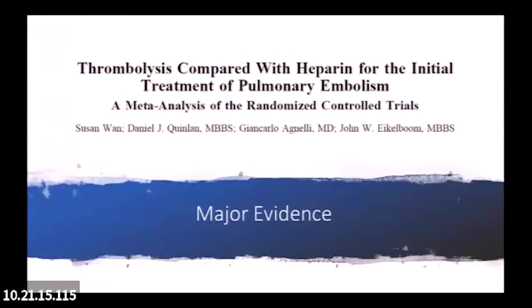However, if we dig deep into this guideline, we actually found out the major evidence for this recommendation is from this article published in 2004. It is a meta-analysis on PE treatment. In this meta-analysis, they included all of the massive PE and submassive PE.